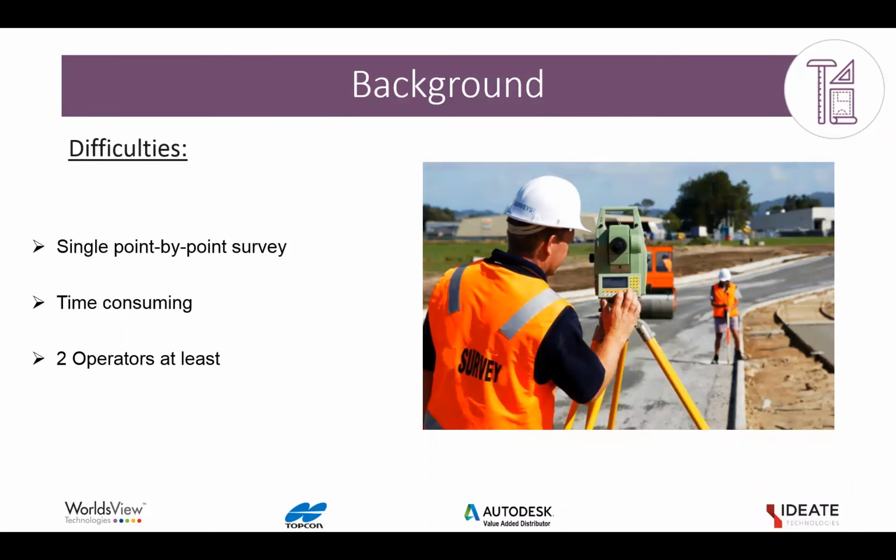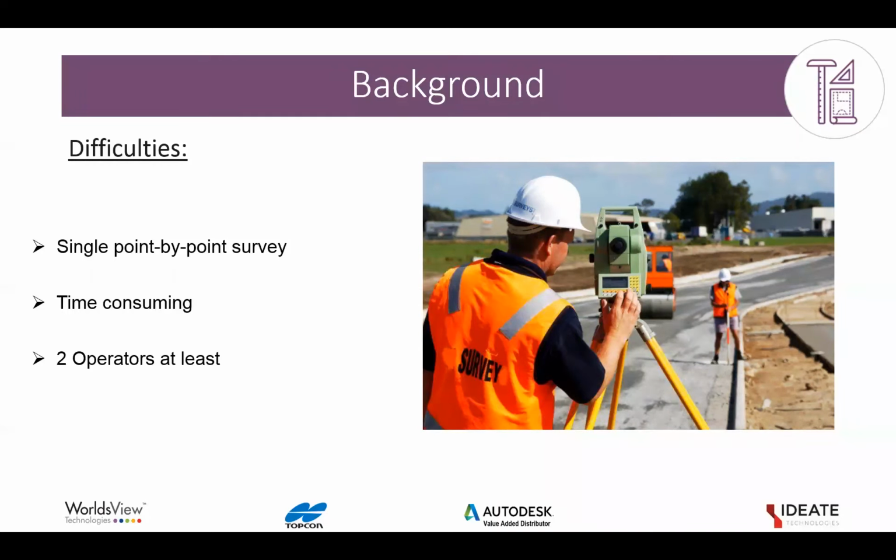And we are talking about no accuracy. I'm not talking about the accuracy of the exact coordinate of this point, but if we are surveying, for example, 2 points in a line, we don't know if we have any specific element between these 2 points. We don't have any information about it.